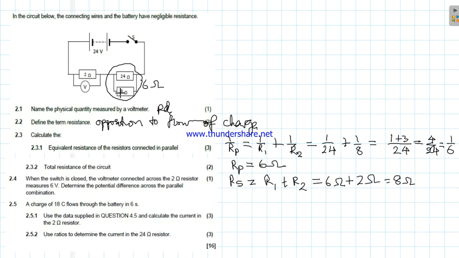We have 6 volts here, which means here that is where we have a lot of resistance that has to be overcome as the battery is pushing charge through. Here we have less resistance, so more work is going to be done to push the charge across the parallel combination.